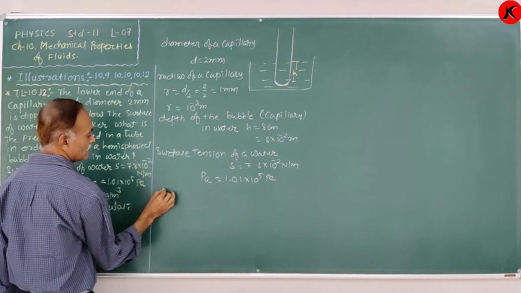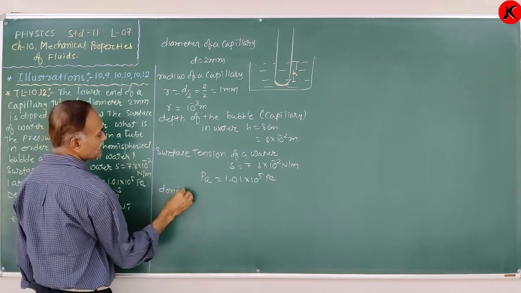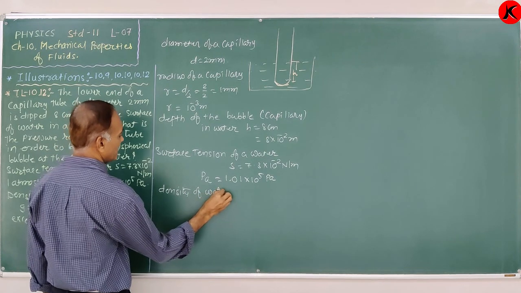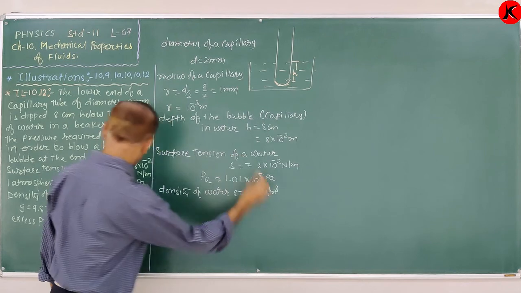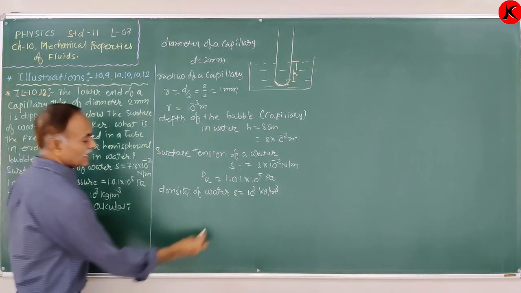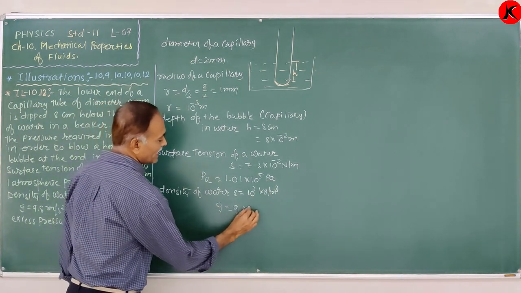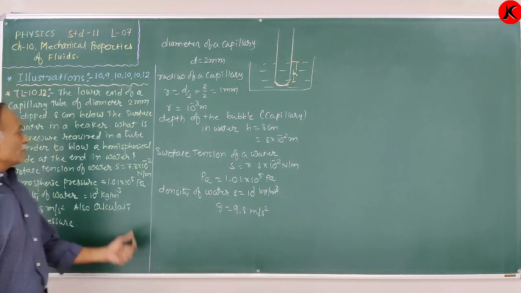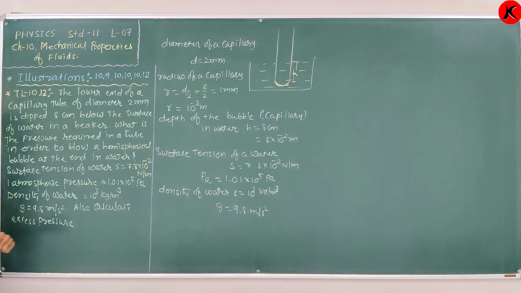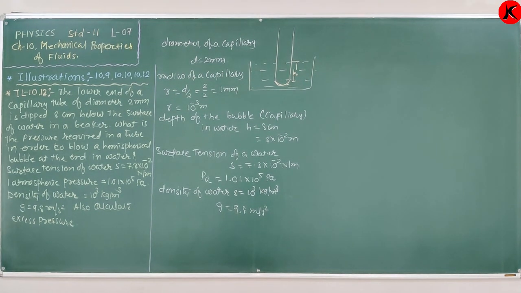Density of water rho is given as 10 to the power 3 kg per meter cube. And gravitational acceleration g is 9.8 meter per second square. Now, first we need to find out how much pressure difference is required.